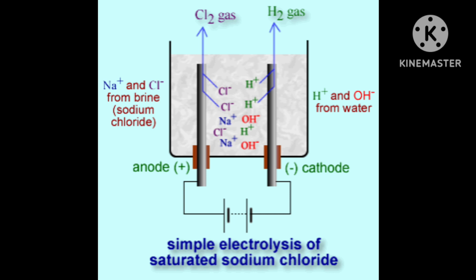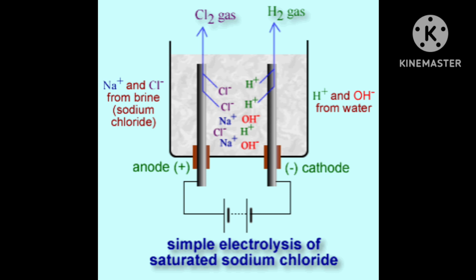What will happen? At the cathode, H+ becomes H2 gas, and OH- reacts with Na+ in solution to form NaOH.